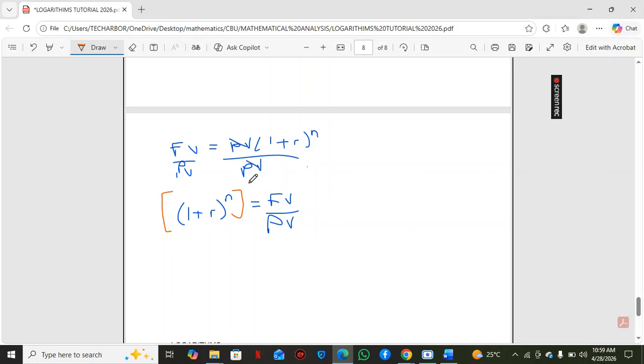So we raise this to the power 1 over n. And what you do on the left hand side, you do on the right hand side. Raised to the power 1 over n. Therefore, n times 1 over n, the n's cancel each other out.